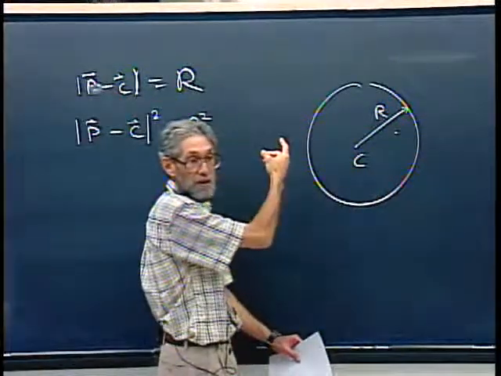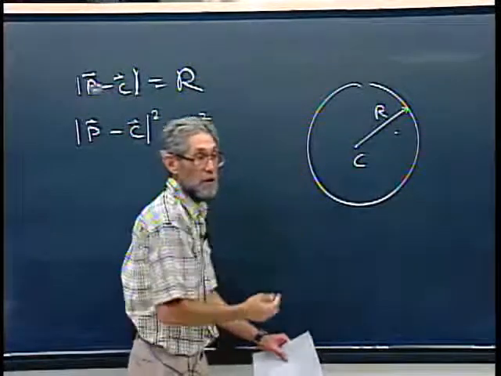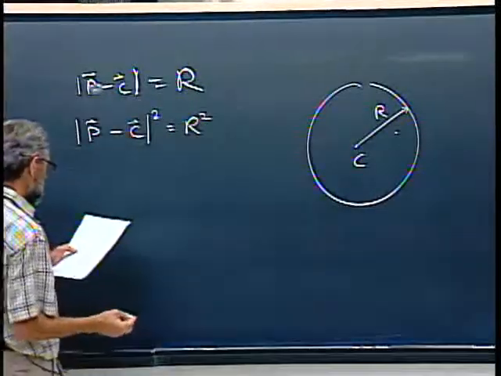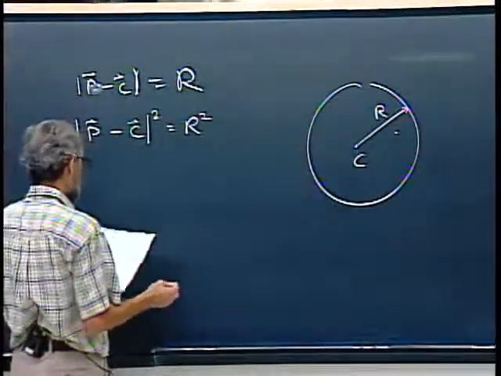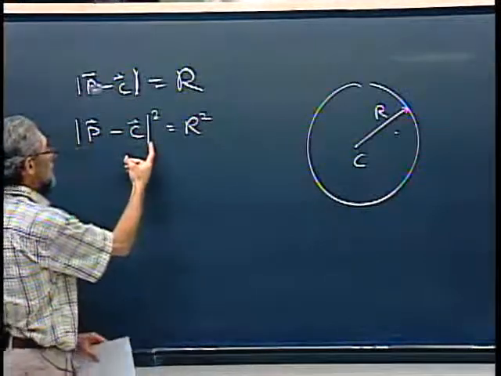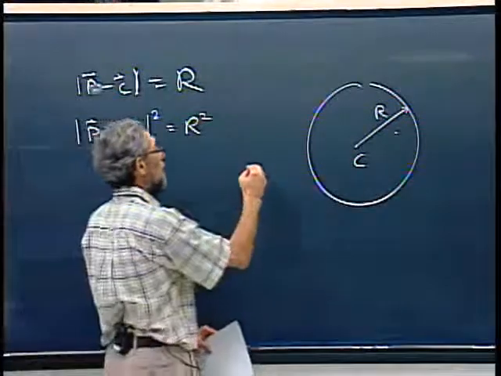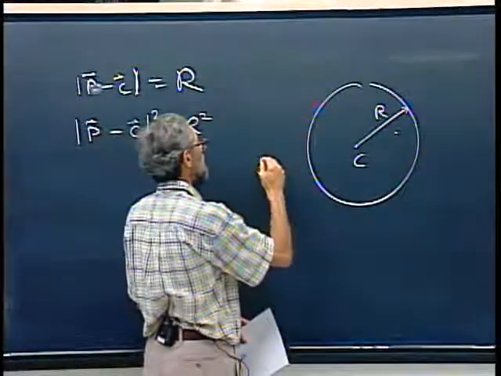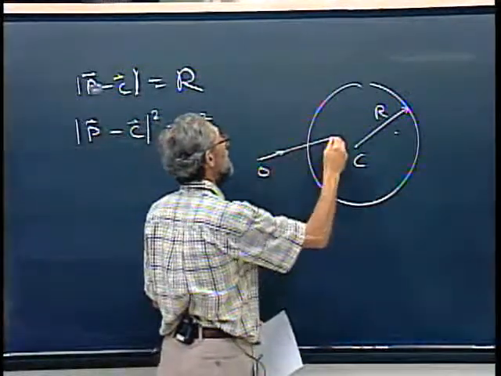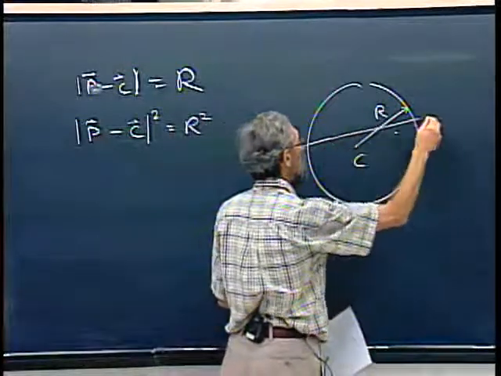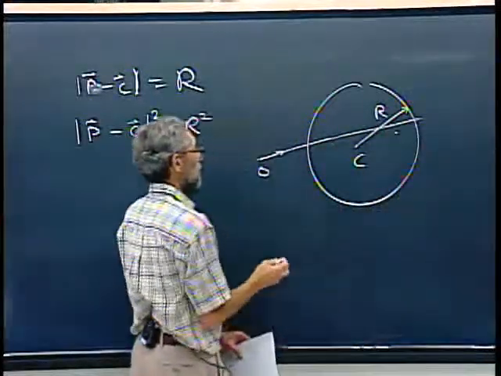So it's easier to write it this way, because then we can actually represent the absolute value of a vector by dotting the vector with itself. So before I do that, though, let me put my origin and my direction vector, and here is this ray. I guess this ray will intersect the sphere twice.